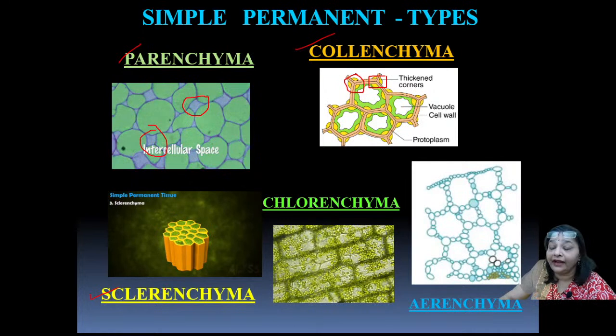They do not contain any cytoplasm or nucleus at all, only the cell wall. These are long fiber like tissue and they give mechanical support to the plant. Along with these, there is another type of sclerenchyma called sclereids or stone cells, which are found in certain parts of the plant.